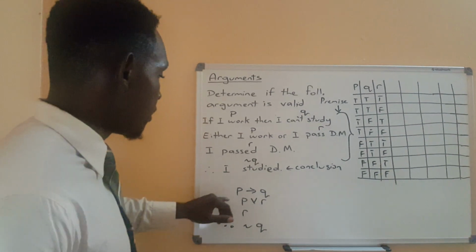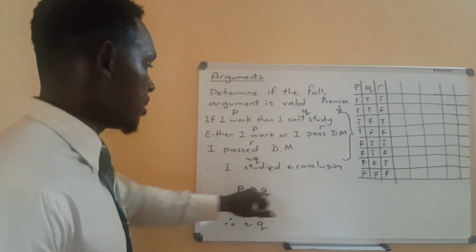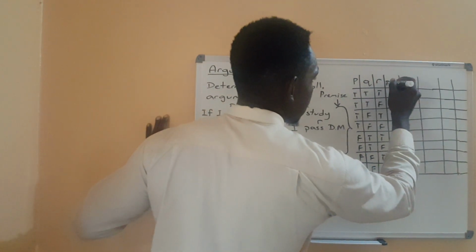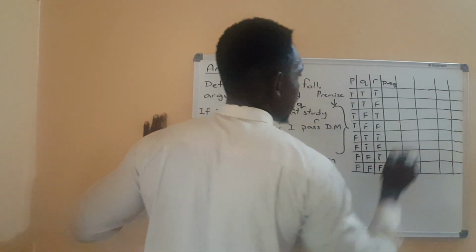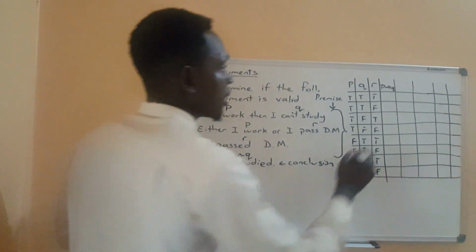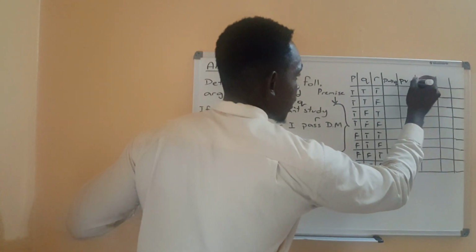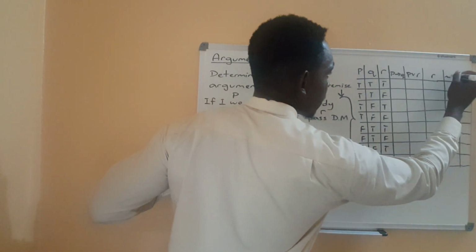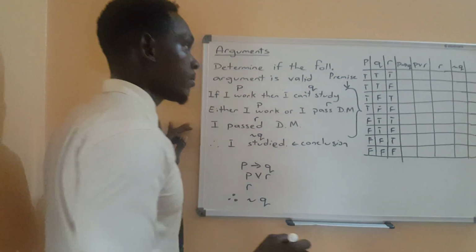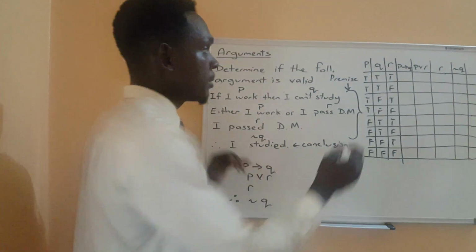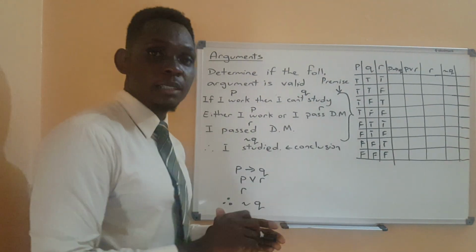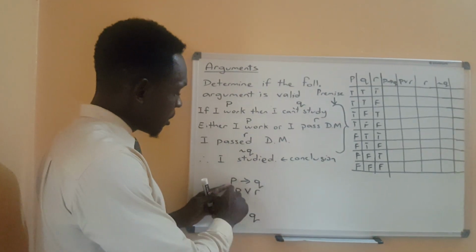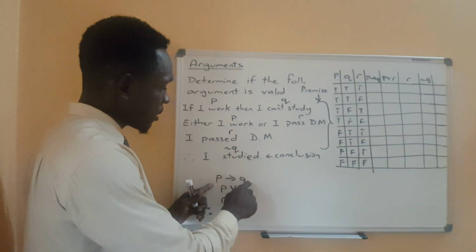We need P implies Q, we need P or R, we need R, and we need negation Q. For the conditional statement, this will only be false when P is true and Q is false.